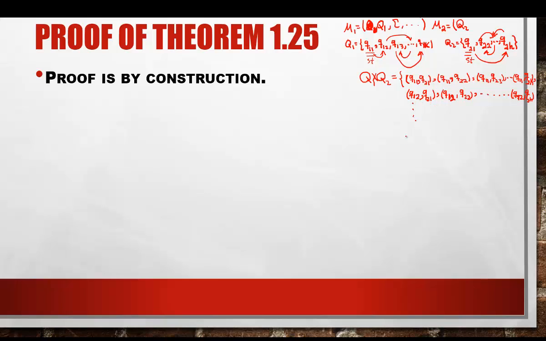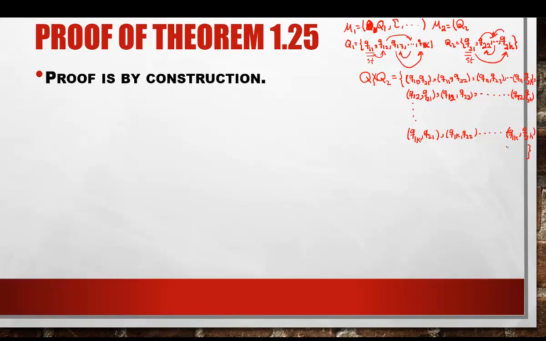And it goes all the way to your last state of your first automaton, Q1K, combined with every state of your second automaton, to Q1K, comma Q2H. And this will be the big set of states for us.